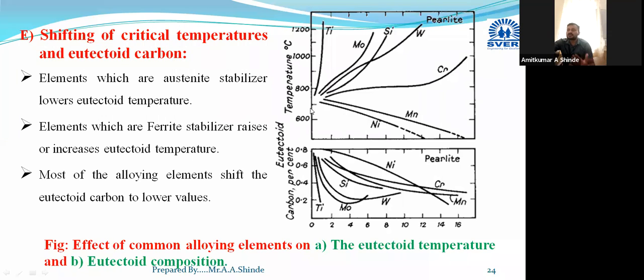And in case of eutectoid temperature, ferrite stabilizers will increase it and austenite stabilizers will decrease it. Then we will move towards the next point.